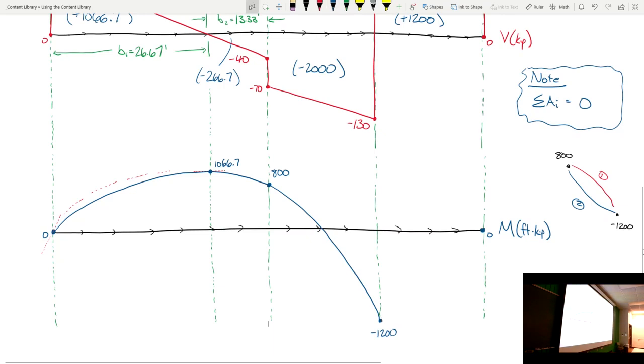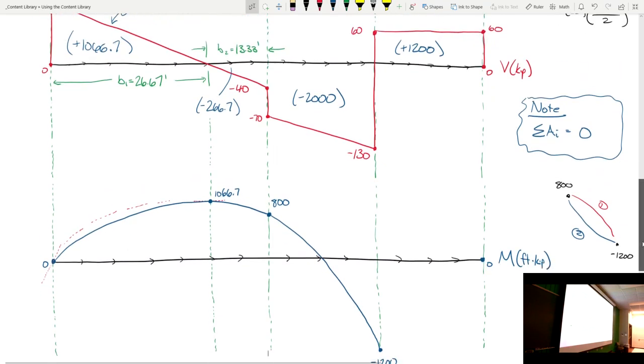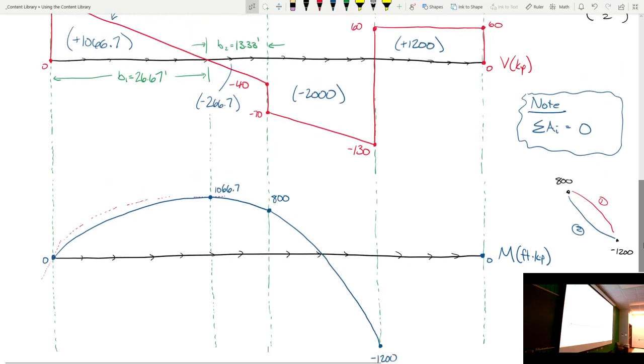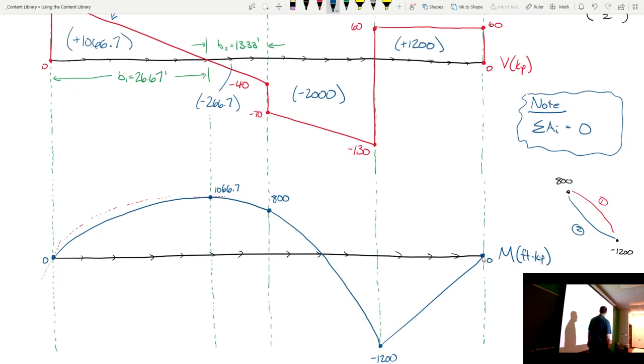Now, finally, what does the moment diagram look like in this last region? It's a straight line. A constant shear diagram means a linear moment diagram. It goes like that. That, ladies and gentlemen, is your moment diagram. From this diagram, we have a maximum absolute bending moment of negative 1,200 foot-kips.